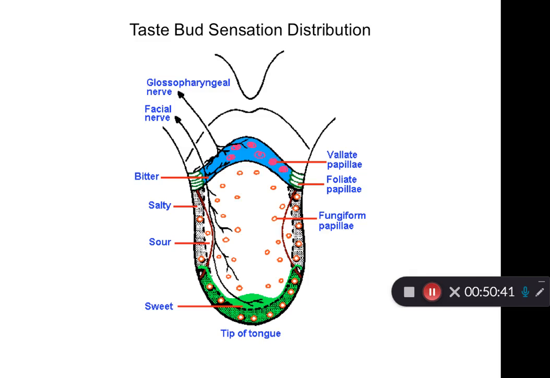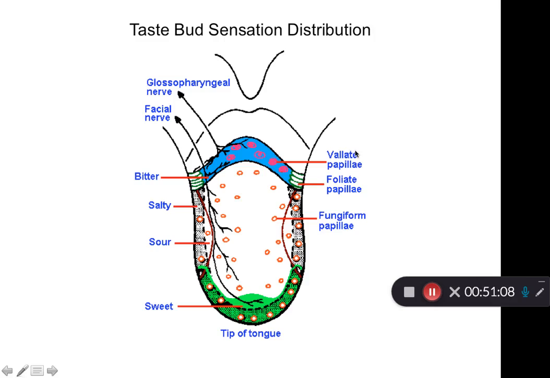The circumvallate papillae, this V-line taste bud, are innervated by the glossopharyngeal nerve. Glossopharyngeal nerve is the ninth cranial nerve.